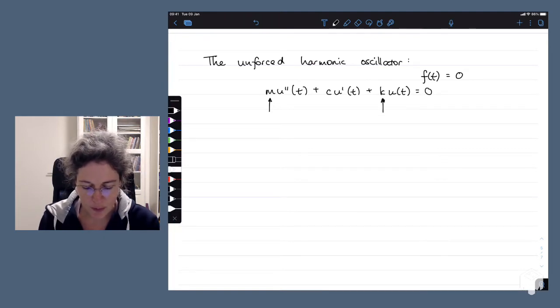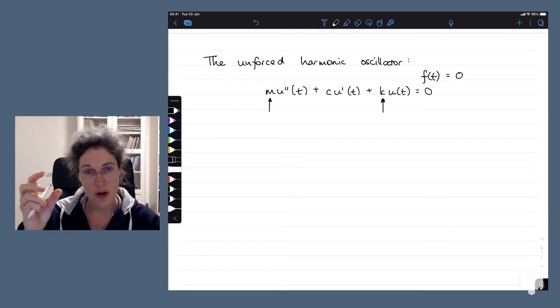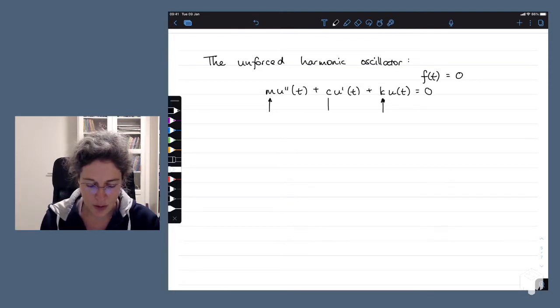We will often refer to the coefficient of the u term itself as the spring coefficient, because it comes from the spring part of the term, and the coefficient of our velocity term will often be referred to as the damping term. So we've got a damping and spring term and a mass term.